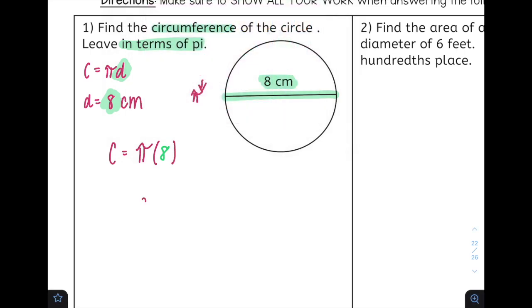So here, if we're leaving it in terms of pi, we have 8 pi, and centimeters would be our units, and that would be our answer. So 8 pi centimeters would be our circumference. All right, let's move on to number 2.